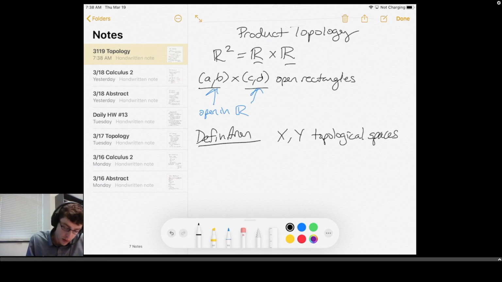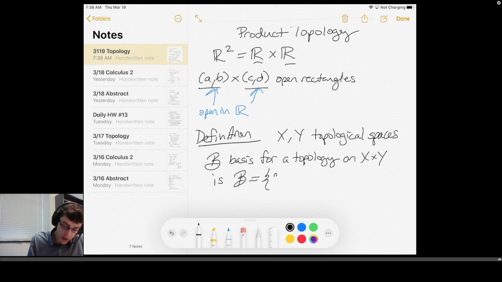And then an open set, or I guess a basis, so we'll just call it script B. We obviously have to prove this in a second, that this really is a basis for a topology on X cross Y. Is products of open sets in X and Y respectively.